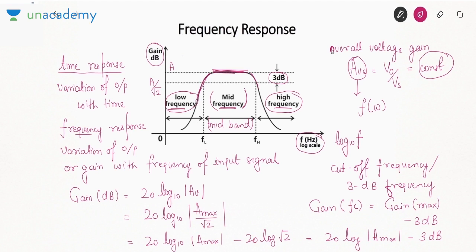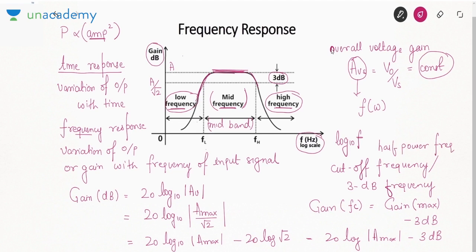Now why have we taken 1 by root 2 specifically? I told you that in AC, power is proportional to amplitude square. So when amplitude or gain becomes 1 by root 2, then power will become half. So this is also called the half power frequency.